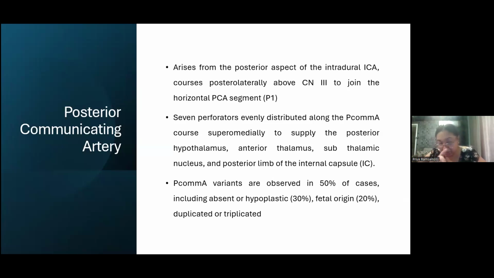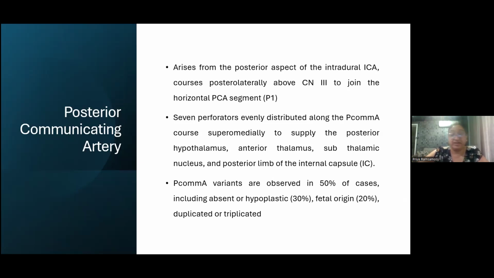Now, the posterior communicating artery has 7 perforators being evenly distributed to supply the posterior hypothalamus, the anterior thalamus, the subthalamic nucleus, as well as the posterior limb of the internal capsule. The largest perforator is the anterior thalamo-perforating artery, and that terminates between the mammillary bodies and the optic tracts.